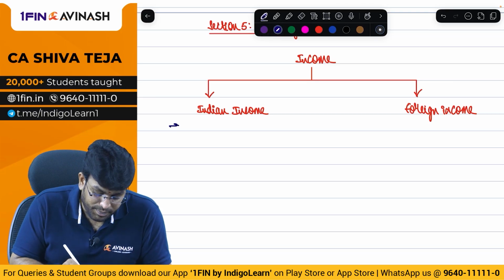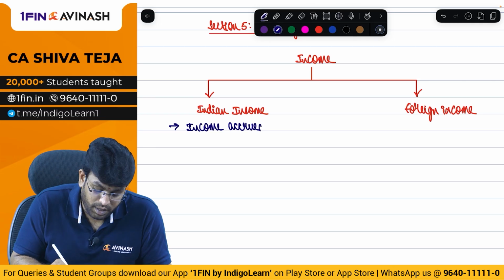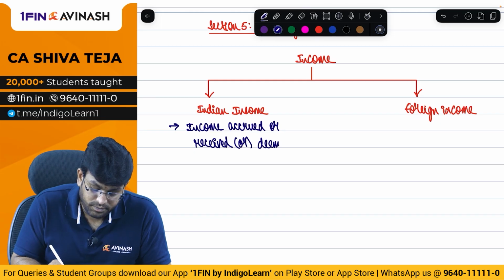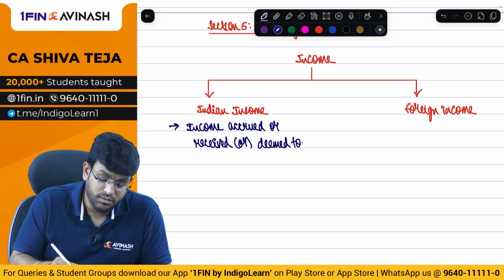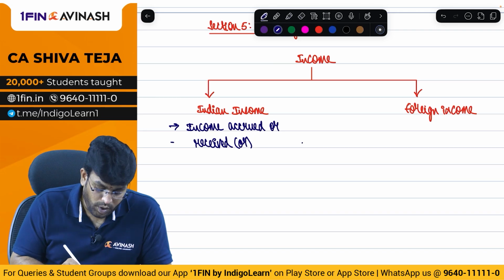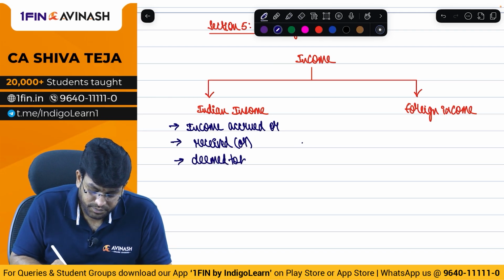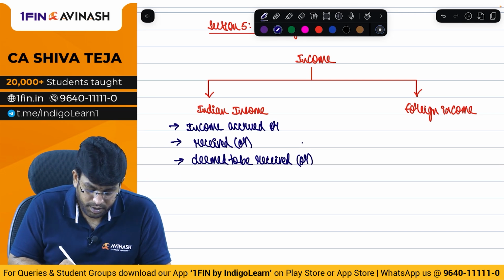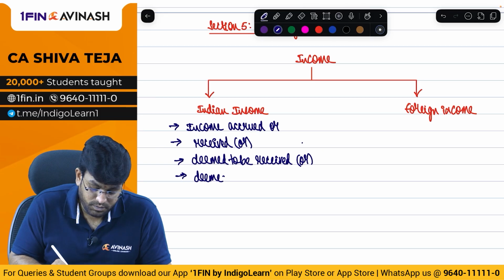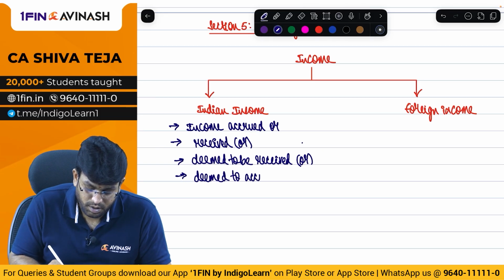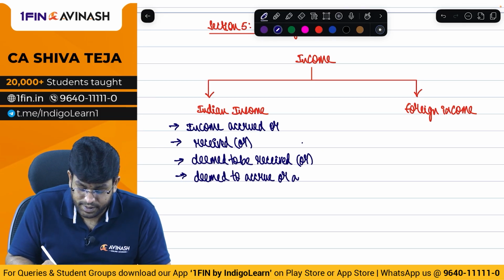And what does Indian income mean? Indian income means income accrued or received or deemed to be received or deemed to accrue or arise in India.